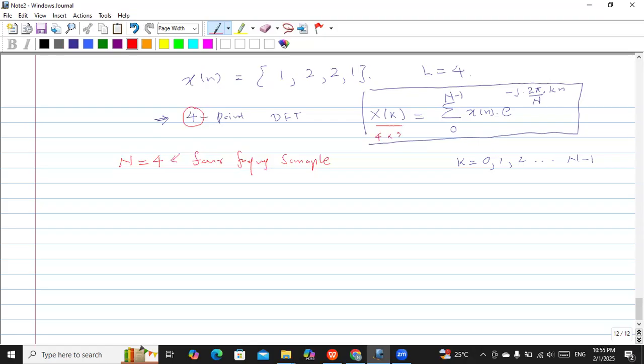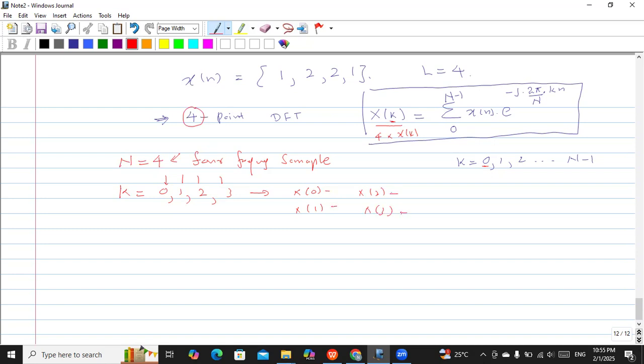That means k goes from 0 to N minus 1, so in our case k will be 0, 1, 2, 3. So we will have 4 frequency samples: X0, X1, X2, X3.